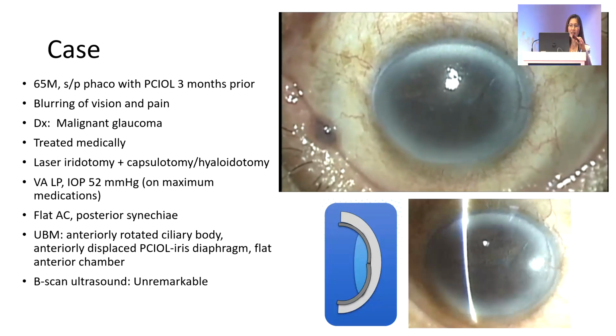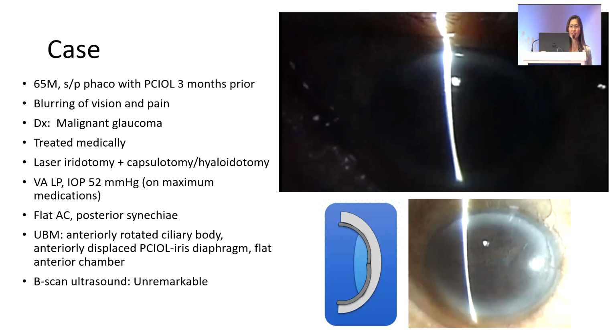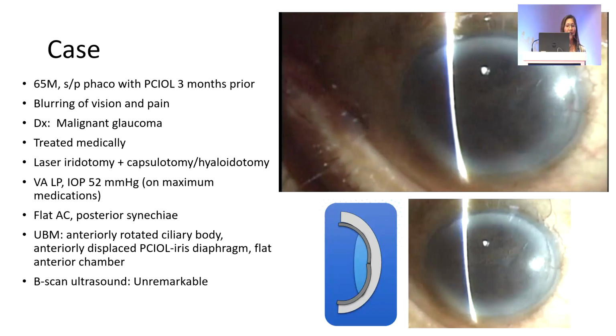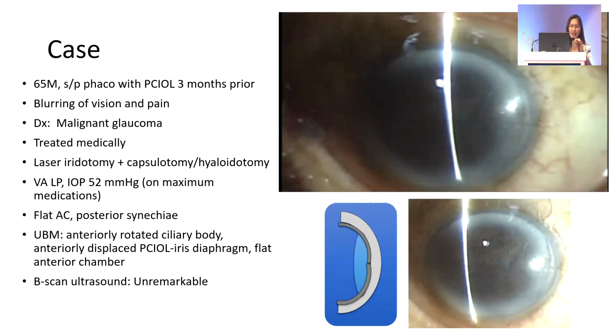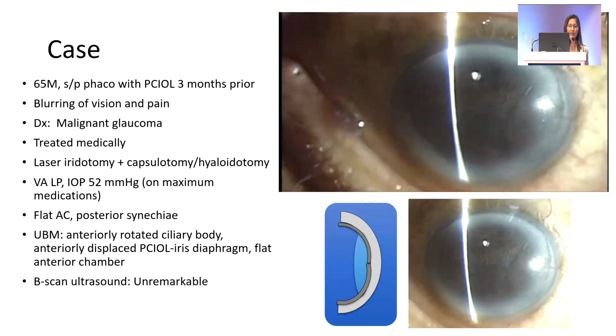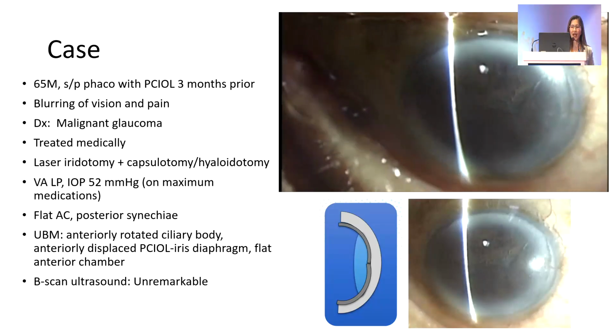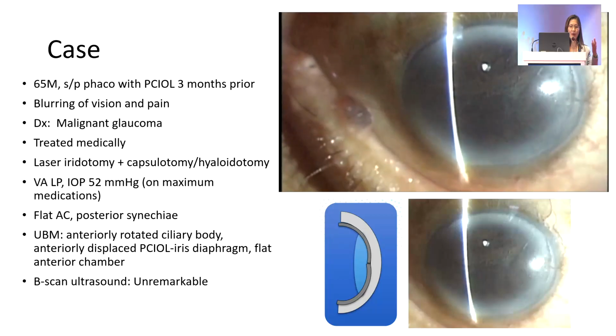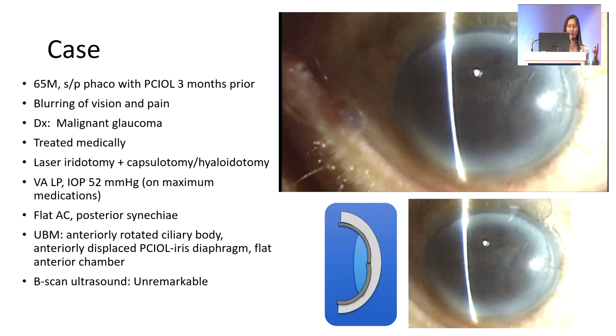The patient is a 65-year-old male post-cataract surgery who had malignant glaucoma treated medically combined with laser iridotomy, capsulotomy, and hyaloidotomy. But in spite of all those treatment modalities, the vision remained light perception and the IOP remained high. The anterior chamber was flat with posterior synechia.